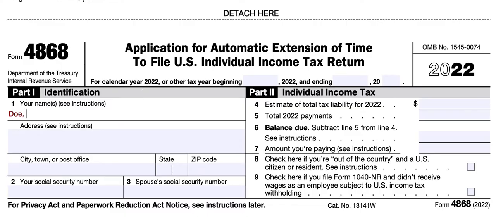So we'll pretend that John Doe is filing single. In many of our examples, he does have a wife, but if he was filing with his wife, you would put John and Mary Doe's name on line 1, and then we're going to follow this with his address.